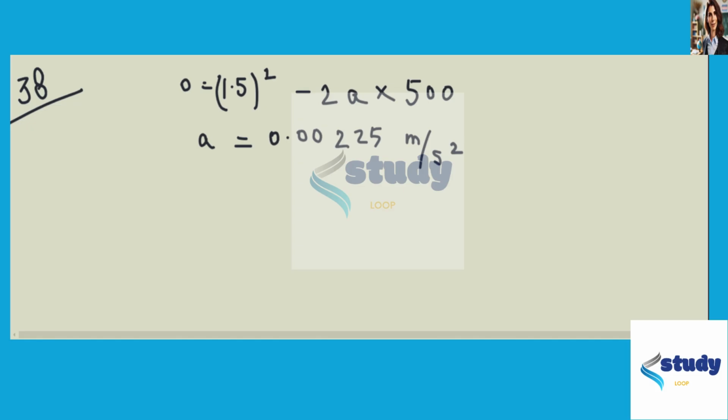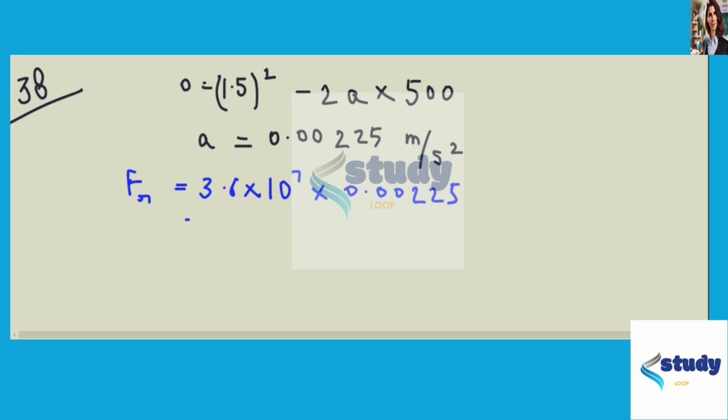So now the force required to stop the ship is equal to the mass of the ship, which is 3.6 times 10 to the power 7, into the acceleration 0.00225.